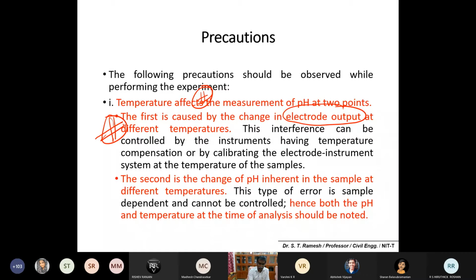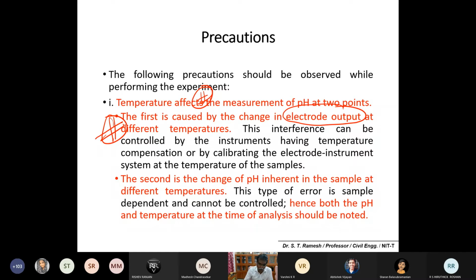Probably you would have brought the sample at, for example, 27 degrees Celsius, in the laboratory maybe 24 degrees Celsius, and there could be changes in the pH value from what you expect. So temperature changes play a major role in the electrode output. That is number one. That's why during measurement you should also monitor the temperature of the sample.